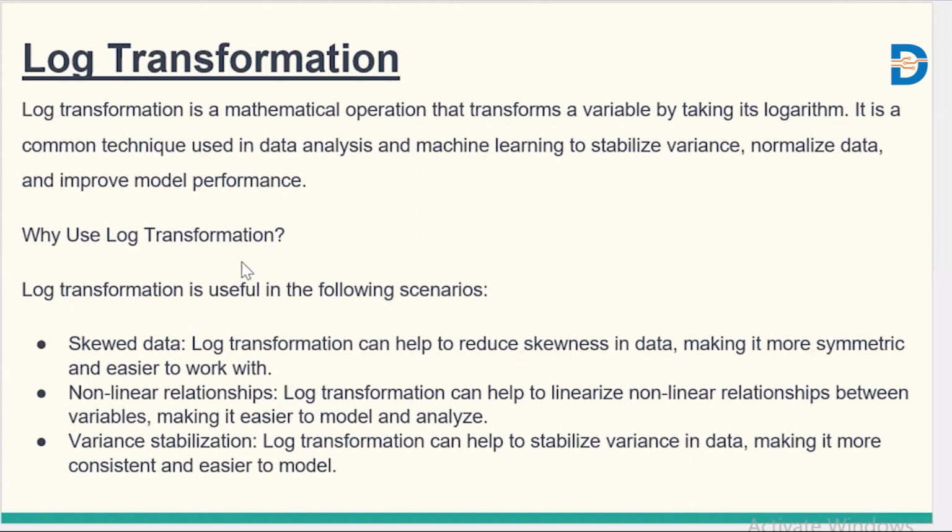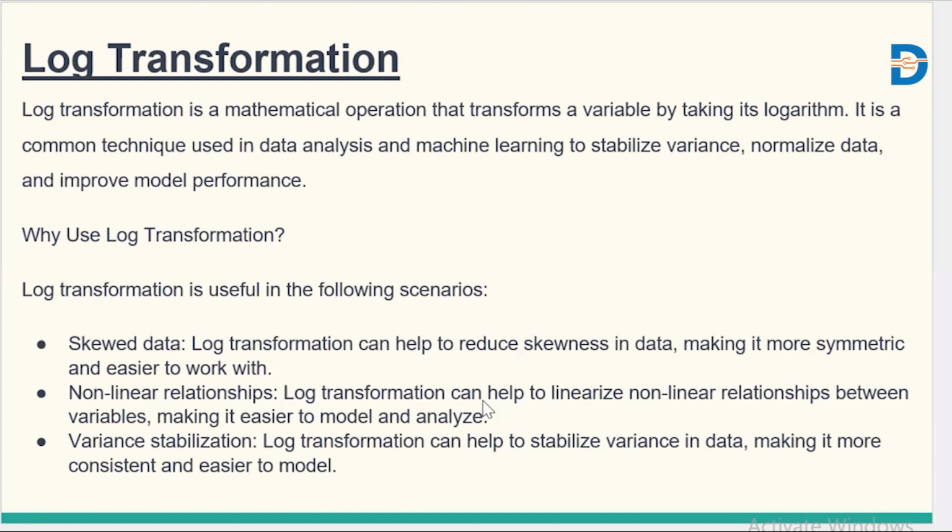So why do we use logarithmic transformation? One, when we have skewed data, to reduce the skewness in the data, we use logarithmic transformation. So when you apply it, you're reducing the skewness, thereby making it more symmetric and easier to work with.